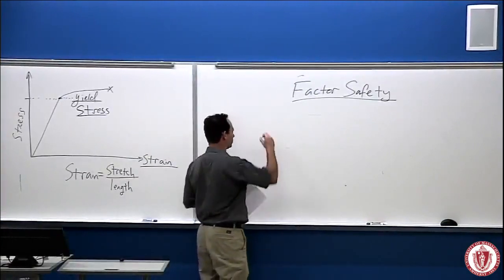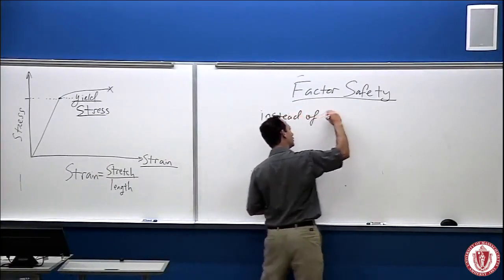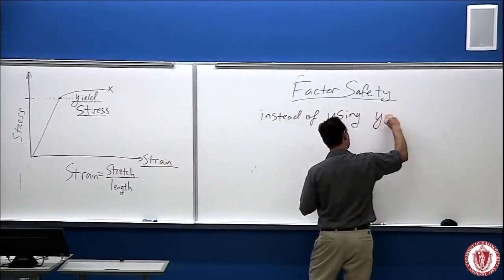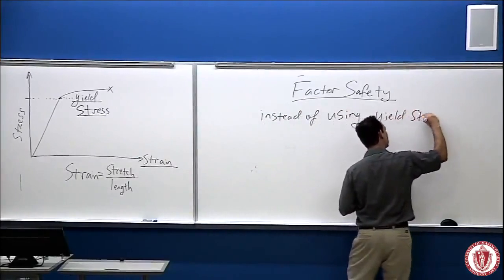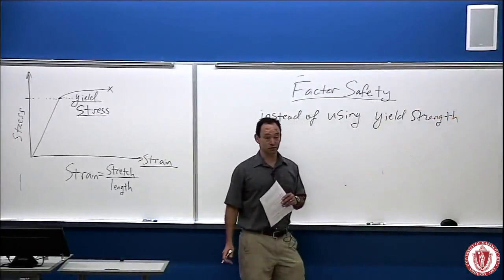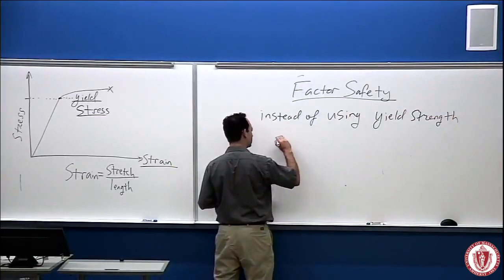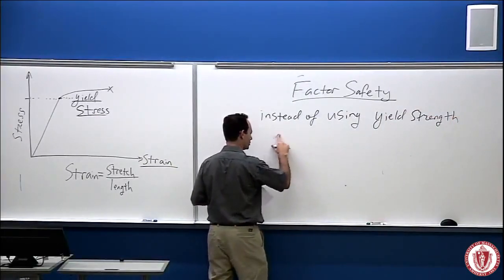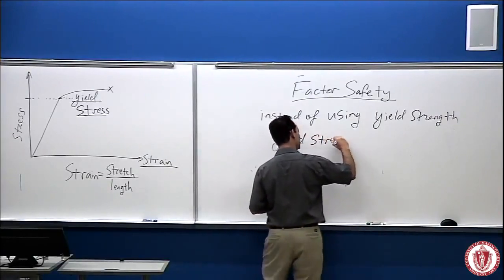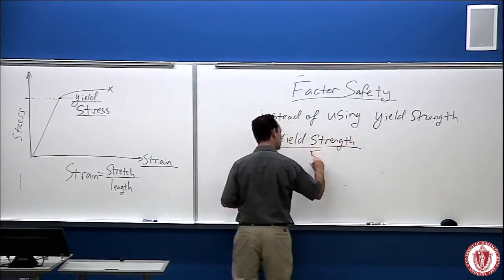So instead of using yield strength as your design criteria, let's put in some margin of error. A factor of safety of 5 would be yield strength over 5.